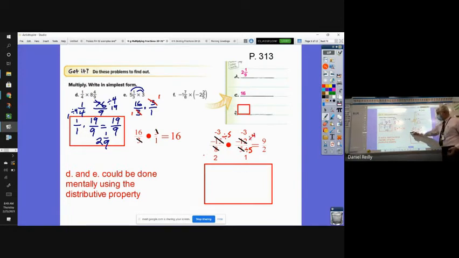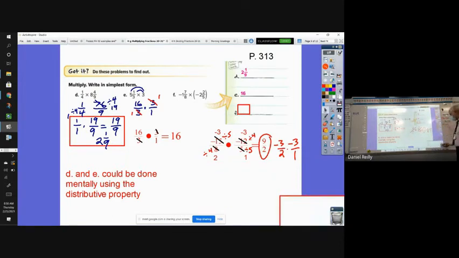Maybe you divide them by 2, and then you realize you have to divide by 2 again. If you divide them both by 4, they become 3 and 2. So now I have negative 3 over 2 times negative 3 over 1, which negative times negative is positive. So the answer is 9/2, which you can change to a mixed number if you want to, 4 and 1/2.